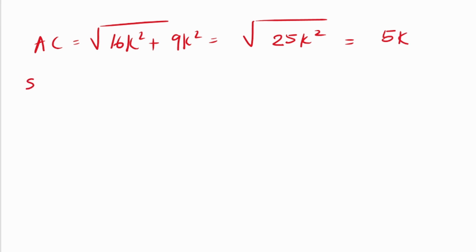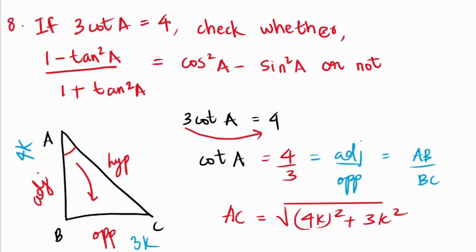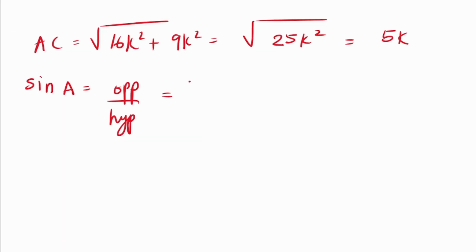We need to find the value of sin A. Sin A is nothing but opposite by hypotenuse. What is the opposite side? Opposite side is 3K, and you have already found out the hypotenuse, which is 5K. When you cancel this out, you'll get 3 by 5.